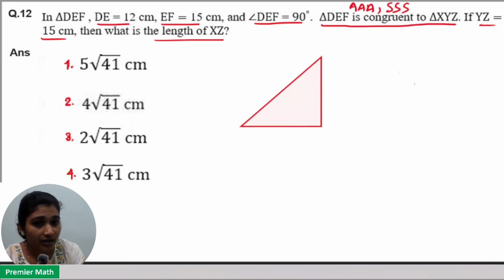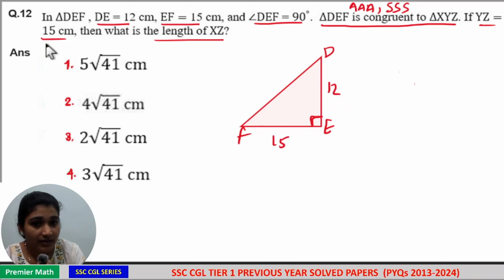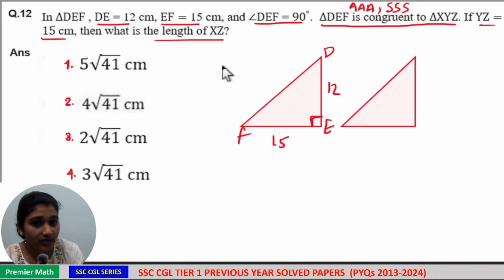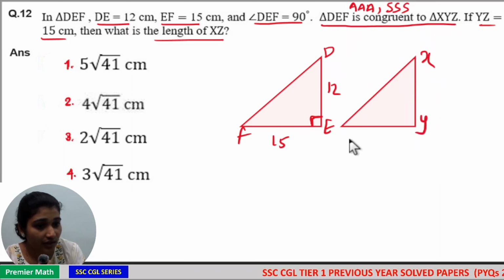Now, here, if this is triangle DEF, here angle DEF is 90 degree and DE is 12 and EF is 15. Same way here, this is triangle XYZ. These two are congruent triangles, so letter representation is important. DEF congruent to XYZ, same order.